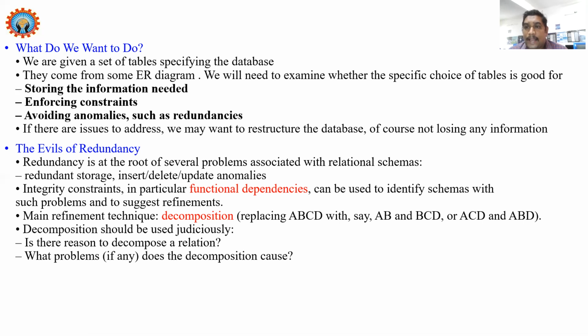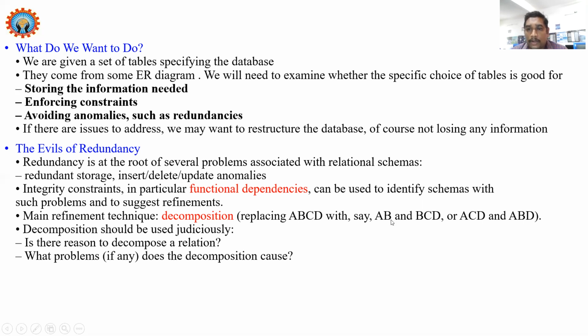Now, the main task here is, if you take the complete data, the overall data must be available. That is, if I divide A, B, C, D, which is the main relation, into A, B and B, C, D, so we have two tables.